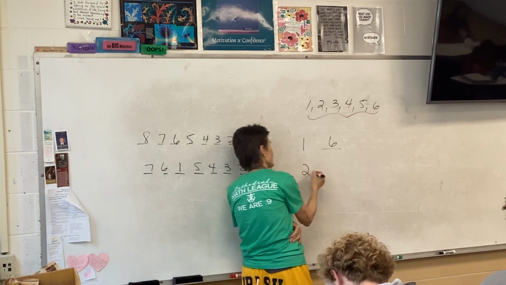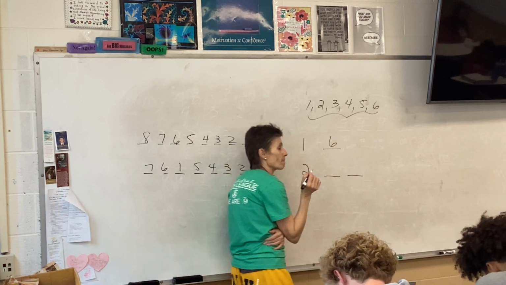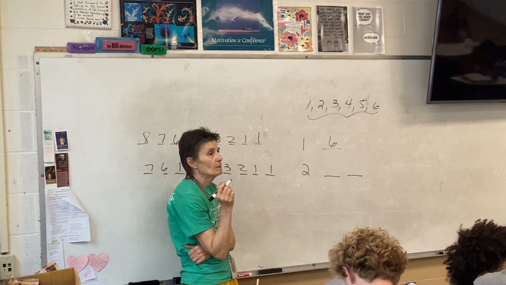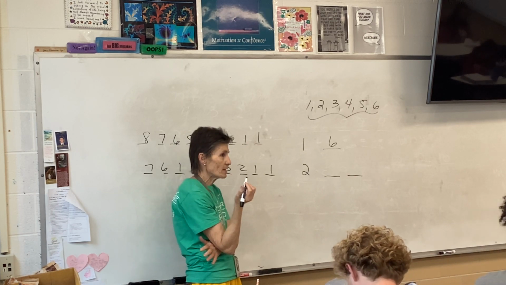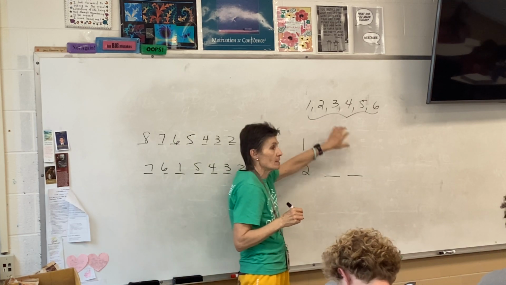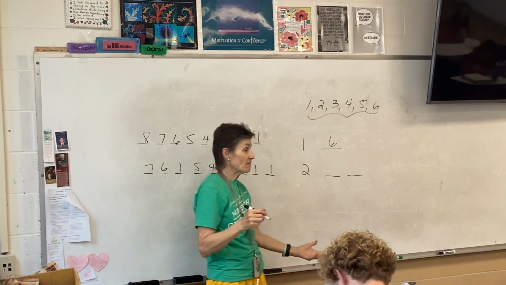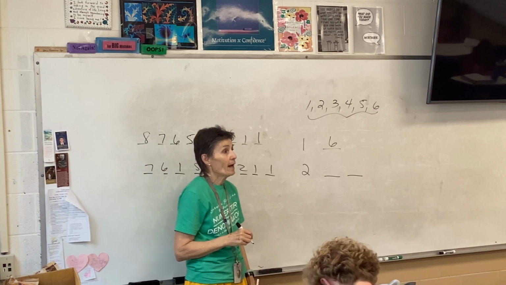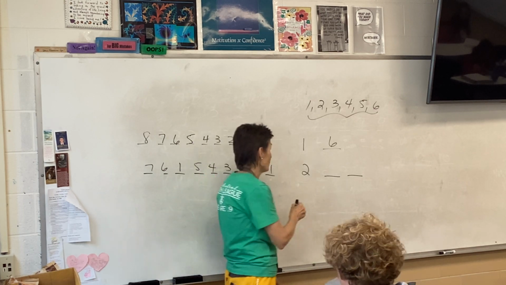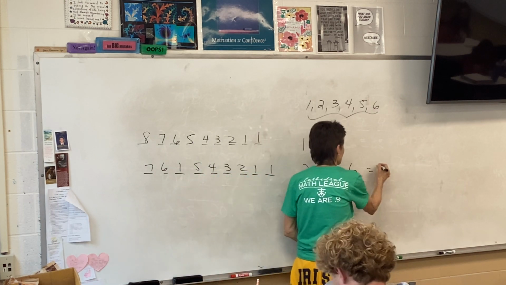But what if they're 2 digits? Think of some 2-digit numbers using these numbers. Things like 12, 32. How about 55? Yeah. So 6 times 6, 36 of them.